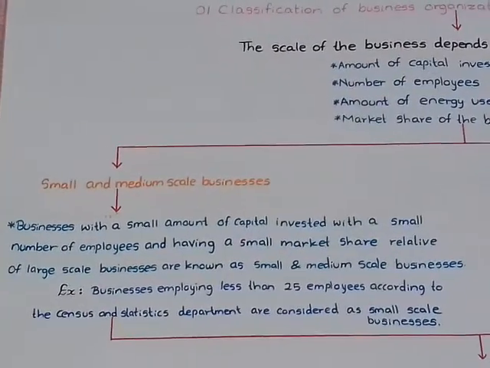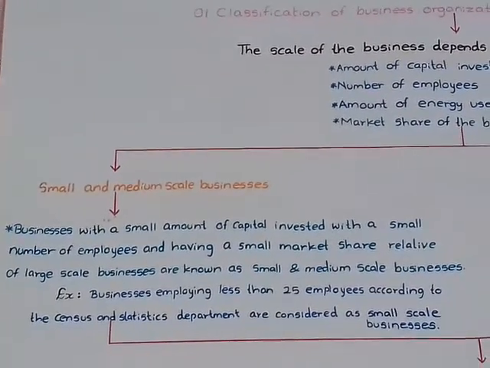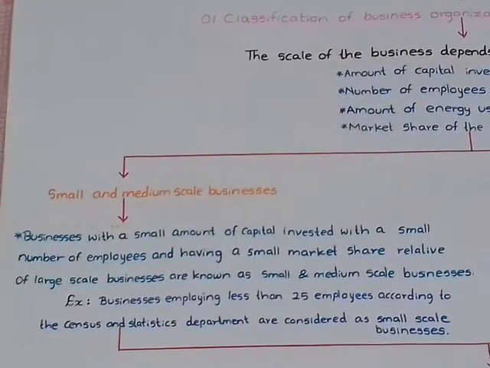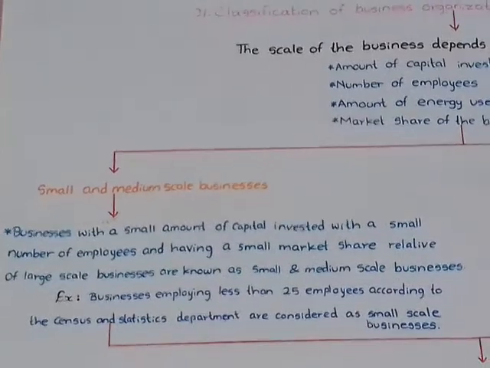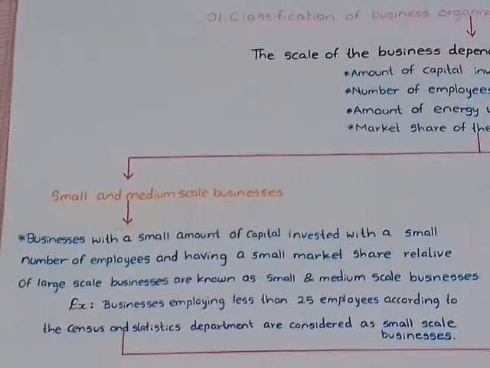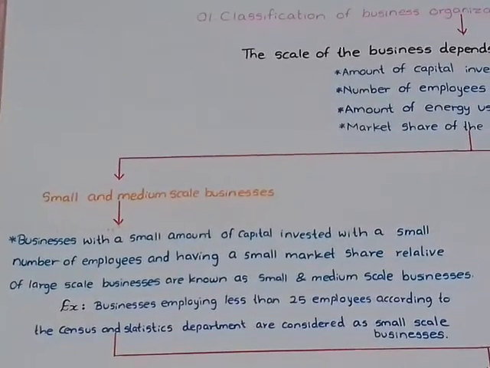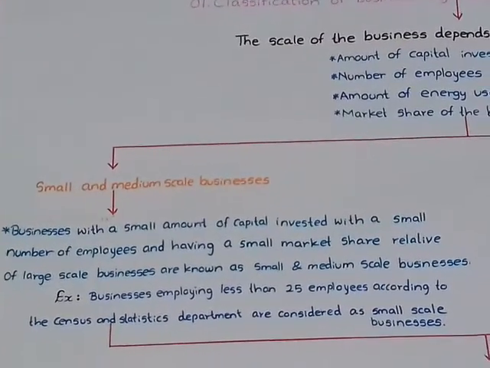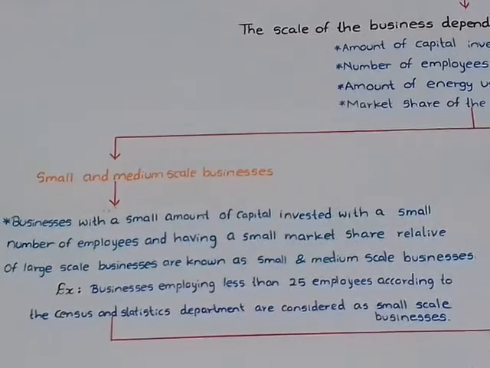Now let us look at small and medium scale businesses. What are they? The businesses with a small amount of capital invested, a small number of employees and a small market share relative to large scale businesses are known as small and medium scale businesses.